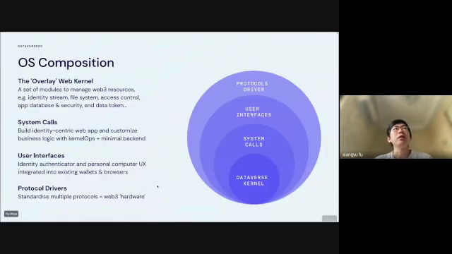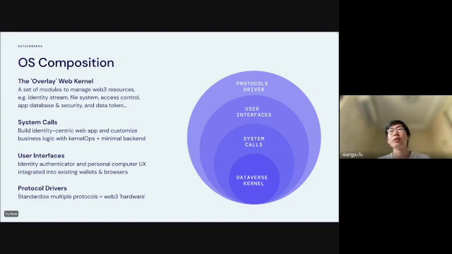Okay, and here is the composition of our operating system. It's rather similar to traditional operating systems like Linux and Unix. We've got a Dataverse kernel here, and it exposes system calls for developers to interact with the kernel. And we have user interfaces. Now it's a Chrome extension, and in the future it can be a browser or a Linux distribution.